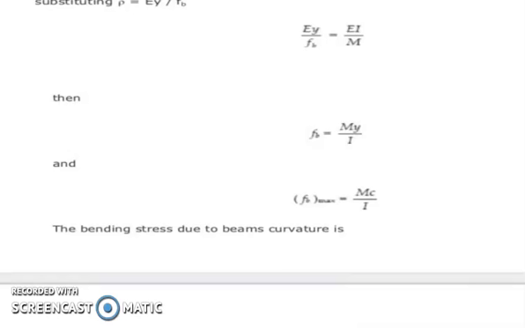Our y we have identified a while ago. That is a certain distance from the neutral axis to a certain point. Our c, we have also identified, is the distance from the neutral axis to the topmost fiber of the material. We have that for our maximum flexural stress, and of course our I is the moment of inertia.